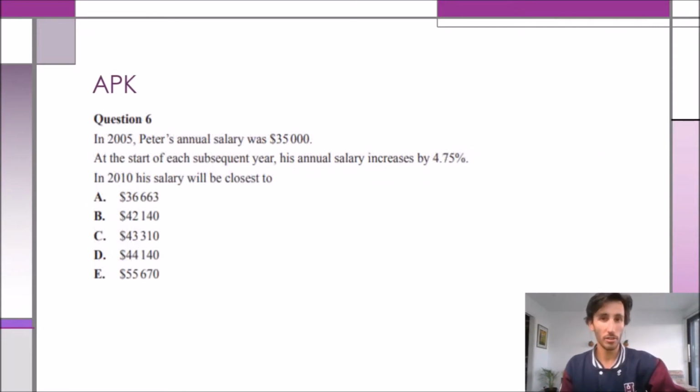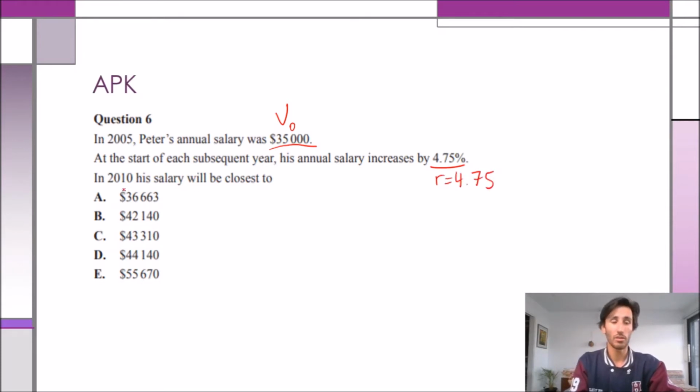A very similar question, same exam, 2009. In 2005, Peter's annual salary was $35,000. So this is V0. We're starting in 2005. At the start of each subsequent year, his annual salary increases by 4.75%. So r is 4.75. In 2010, his salary will be closest to what? All right, let's set it up. V0 is 35,000.